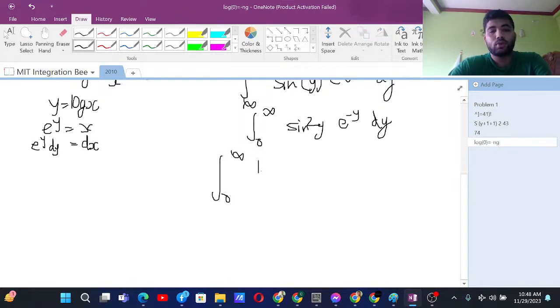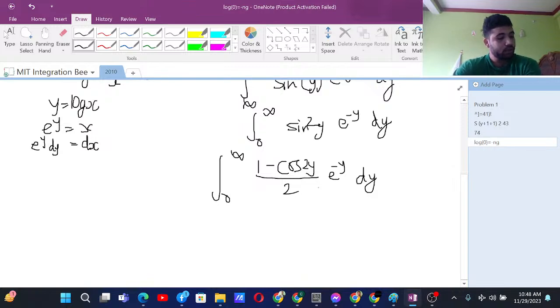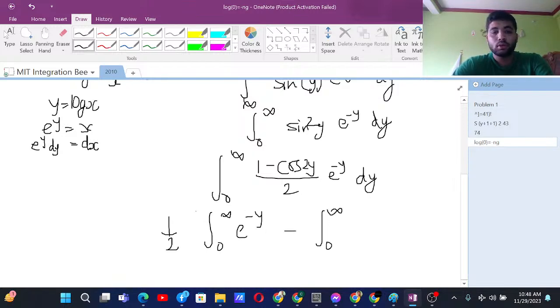So that is 1 minus cos 2y by 2 times e to the power minus y dy. Now we can take 1 by 2 out, and we have the integral from 0 to infinity of e to the power minus y minus the integral from 0 to infinity of e to the power minus y cos 2y dy.